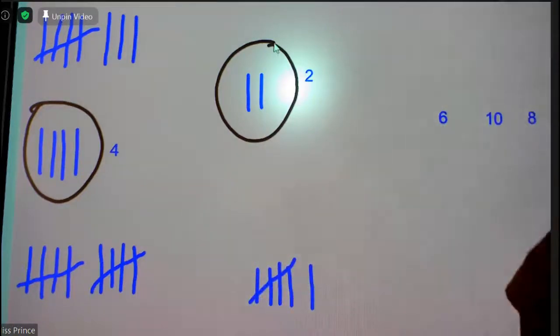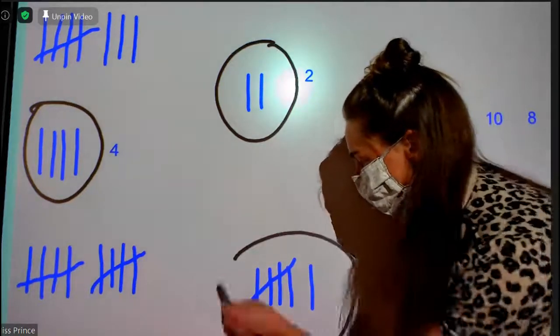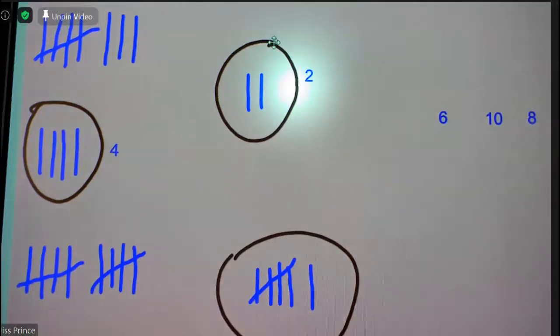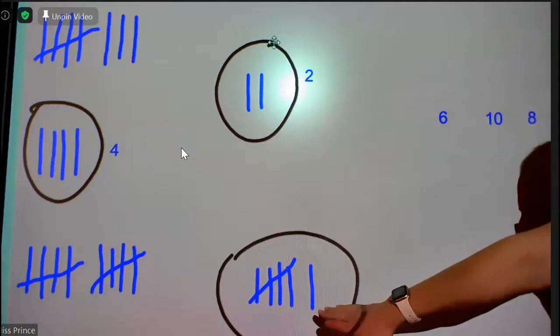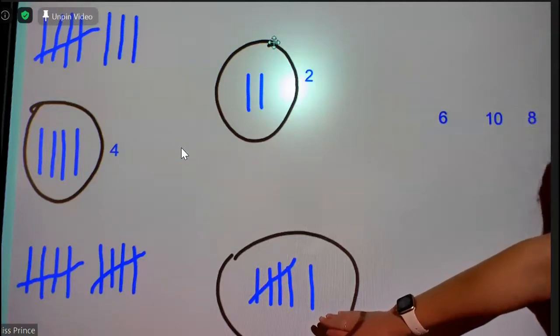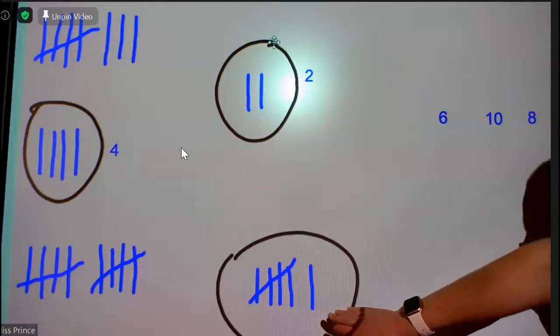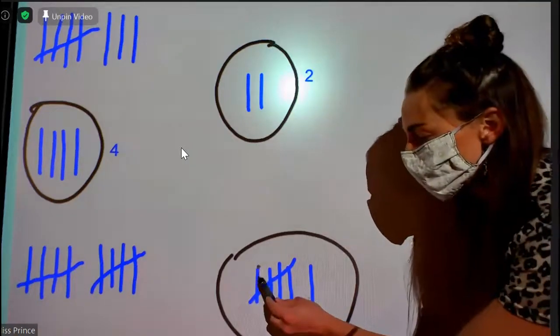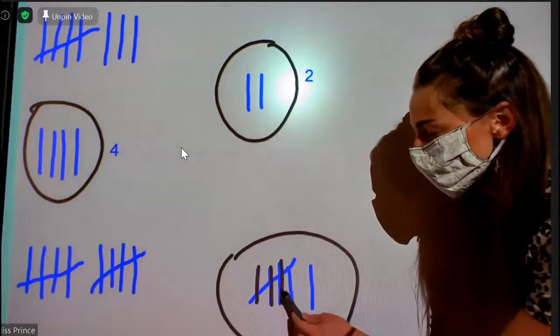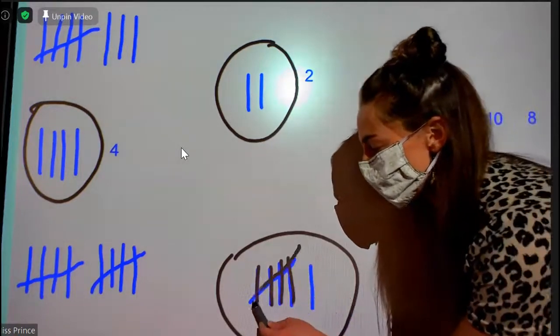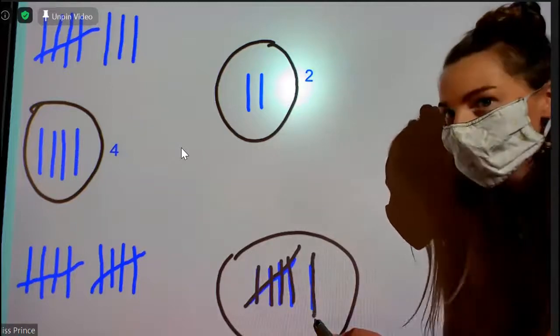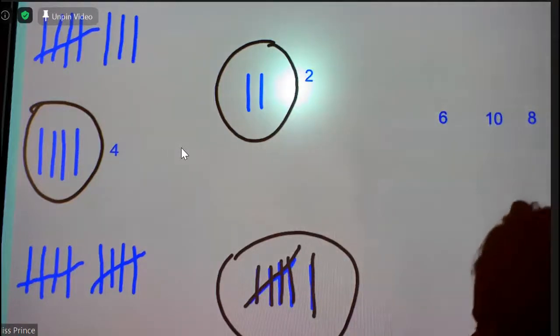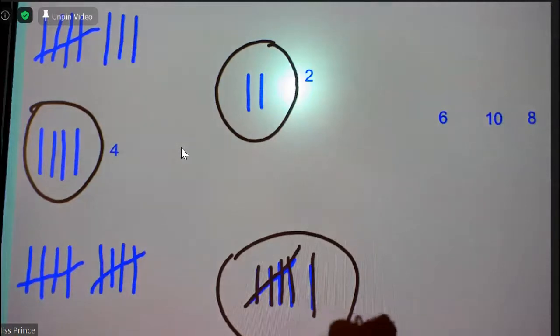All right, this one's for somebody at home. How many? Raise your hand. Hayden, how many? Make sure you count the slant one. Ready? 1, 2, 3, 4, 5, 6. There are friends in the classroom right now that aren't letting you talk.